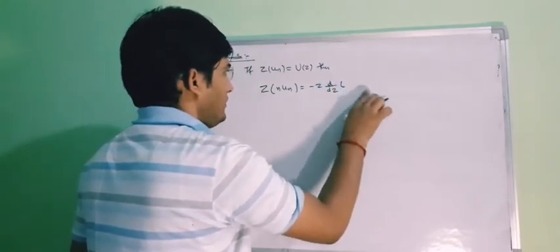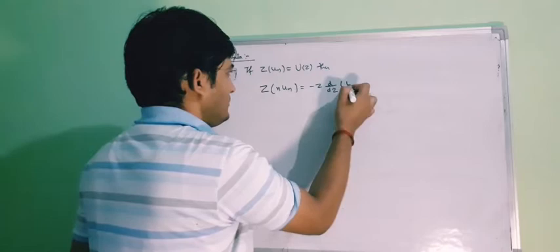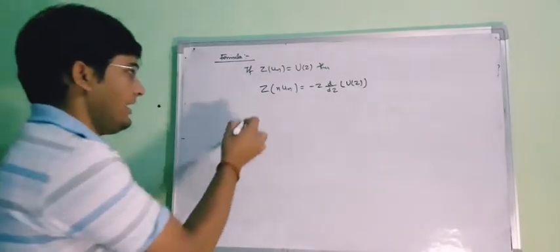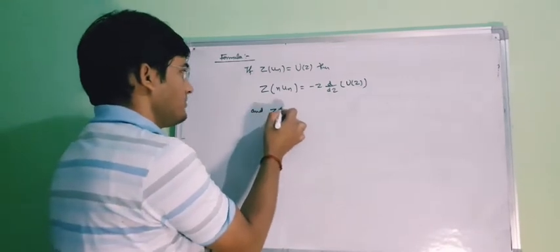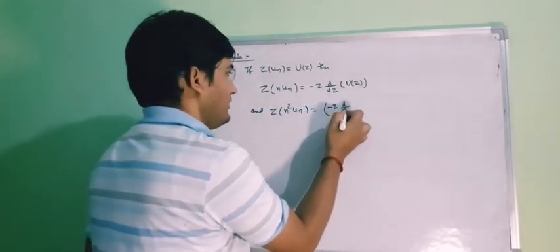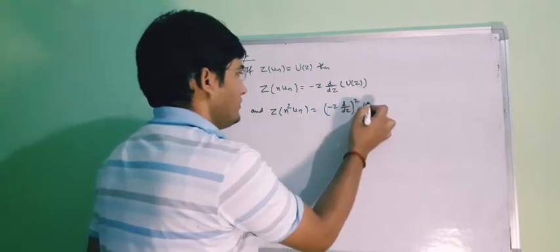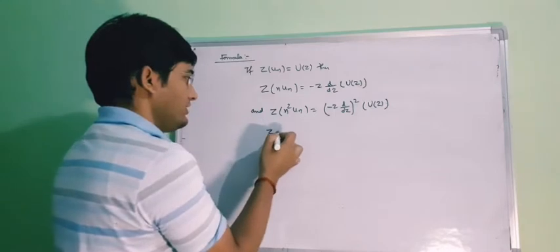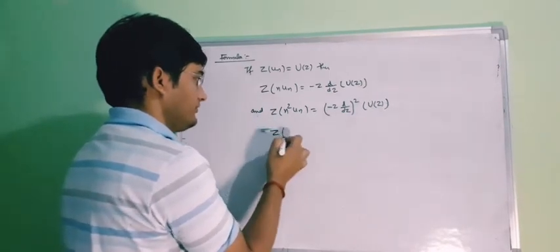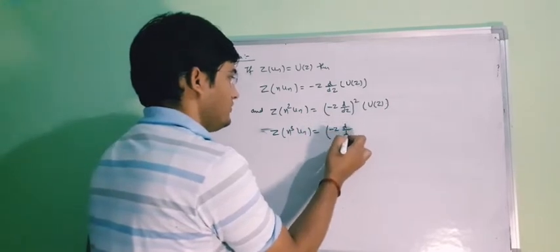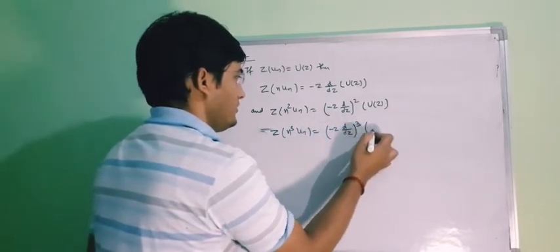The Z transformation of n square un will be minus z d by dz whole square of uz, and the Z transformation of n cube un will be minus z d by dz whole cube of uz.